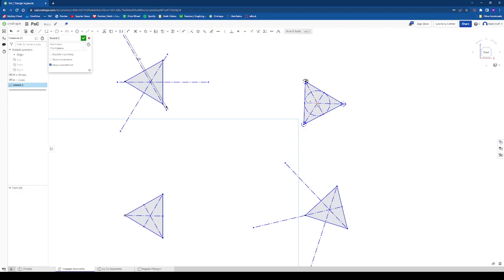Like on this one, we had that the distance to each of the sides, perpendicular distance, was the same, or the distance to each vertex is the same. So those will all be true if we have an equilateral triangle. All 4 points of concurrency occur at once.